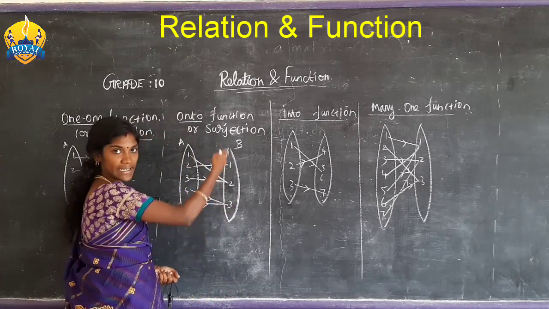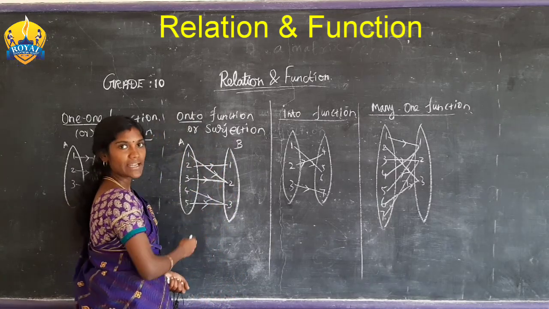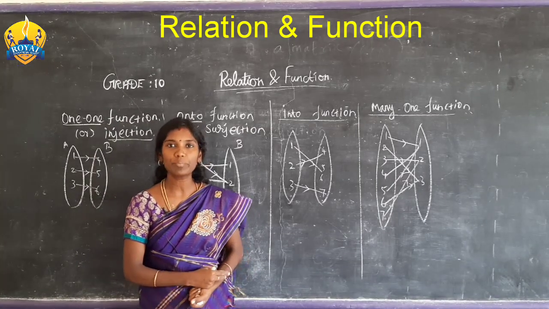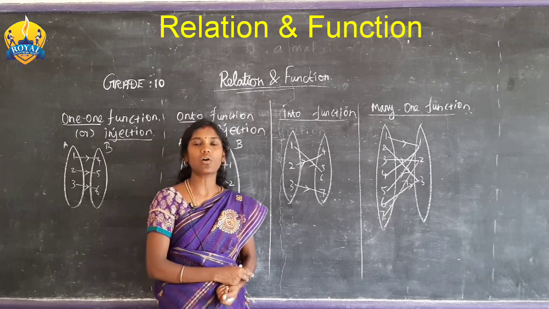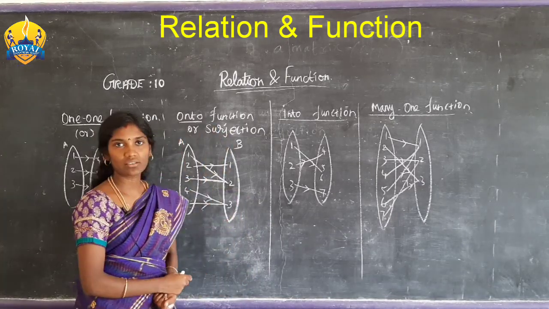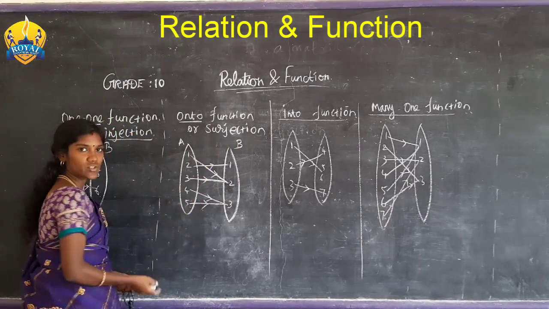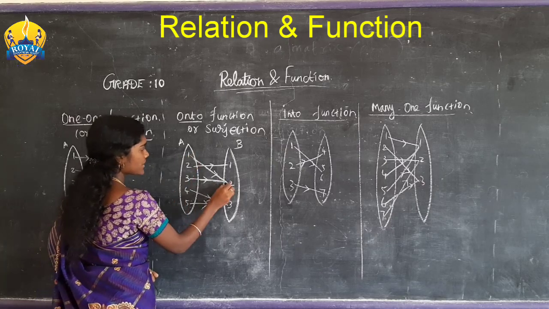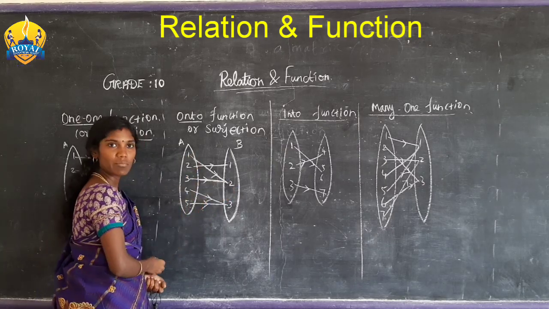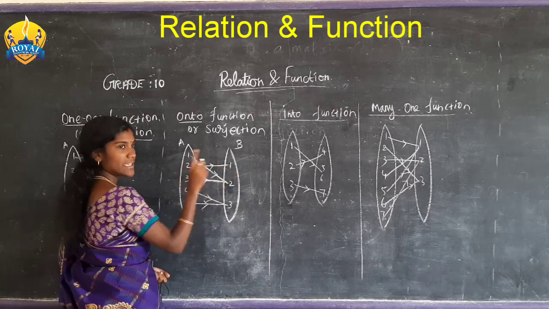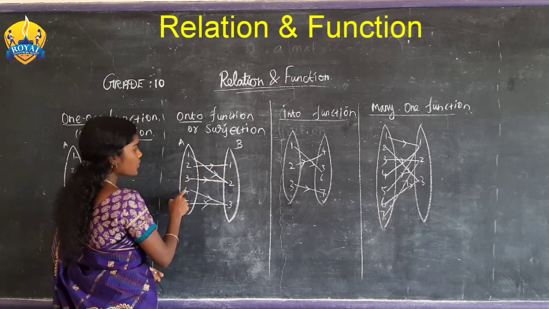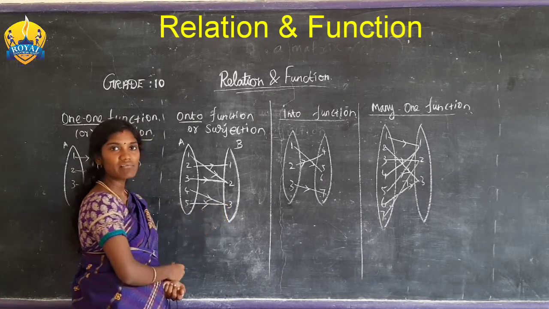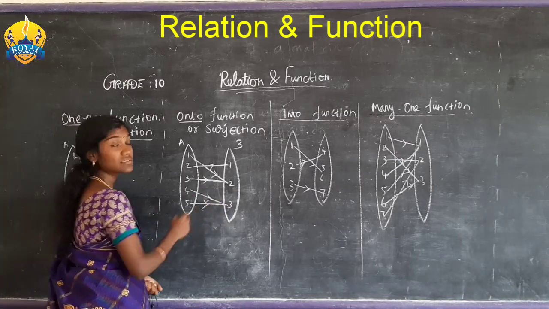So on this side, in this codomain, the elements of the codomain have 2 or more pre-images in A. This is called onto function. This is also called surjection. See the picture, it is very clear. Here 1 has the image 2 and 3 also has the image 2. 2 has only one image. 4 has the image 3 and 5 also has image 3.